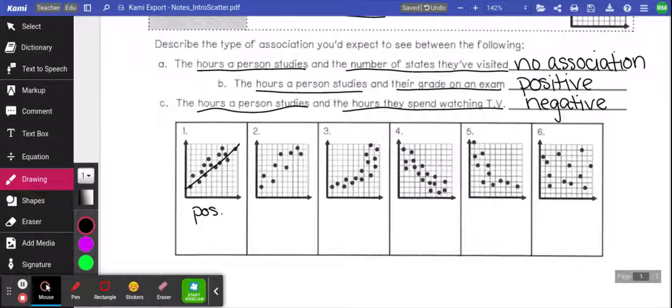Next one. What do we think here? Positive. Good. Positive. Good. What was it? Negative. Good.